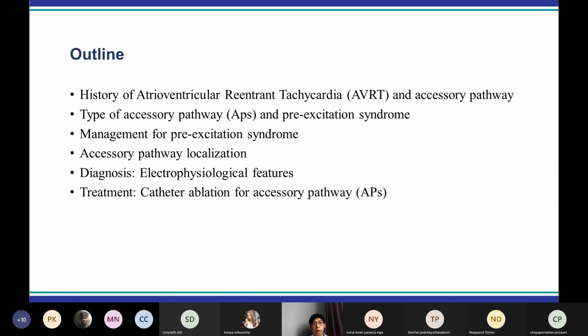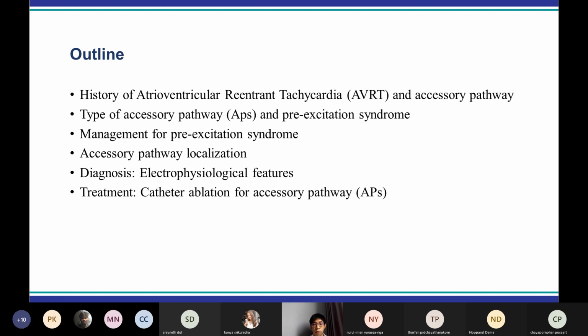So this is the outline of this afternoon lecture. I will talk about the history of the pathway, types of accessory pathway and pre-excitation syndrome, the management of the pre-excitation syndrome, how you can localize the accessory pathway.